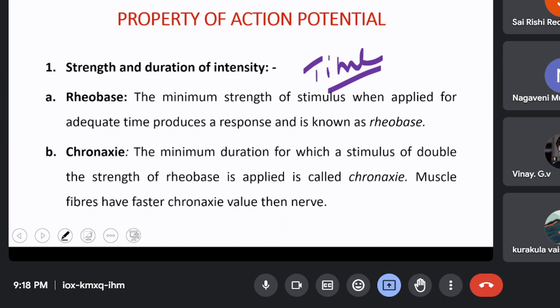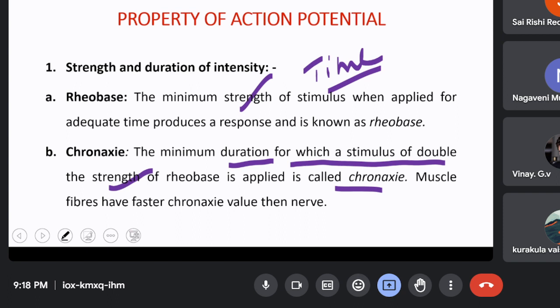Next, what is chronaxy? The minimum duration, this is the time, that is with respect to strength given for a period of time. Now this is with respect to duration given with a particular strength. So the minimum duration for which a stimulus of double the strength of rheobase is applied is called chronaxy.